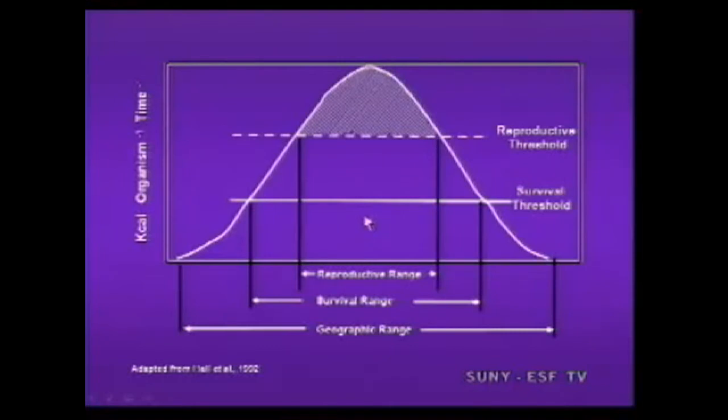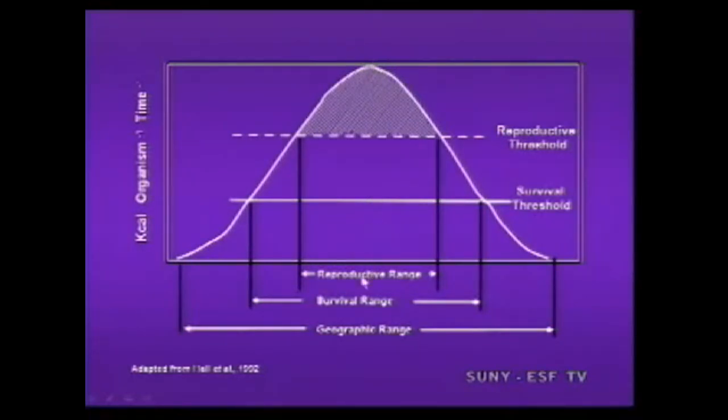An organism has adaptations that make it best suited for a set of gradients. In this case, the organism is a happy camper at this center point. It has the most EROI, the most energy left, so it can survive. It has enough energy that it can reproduce.